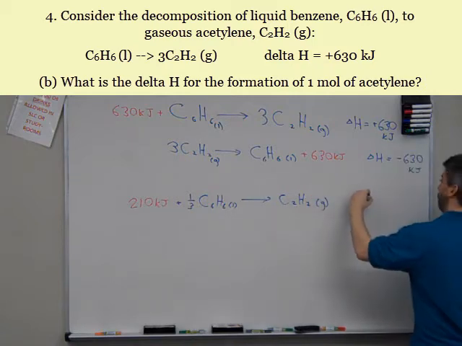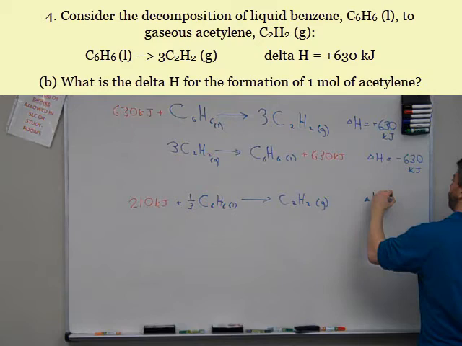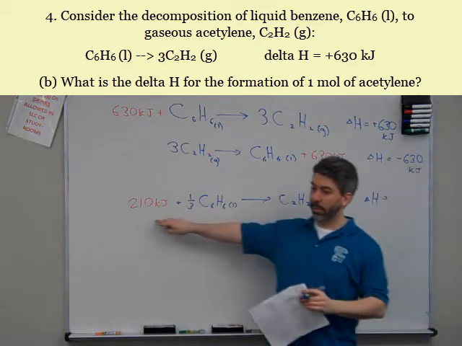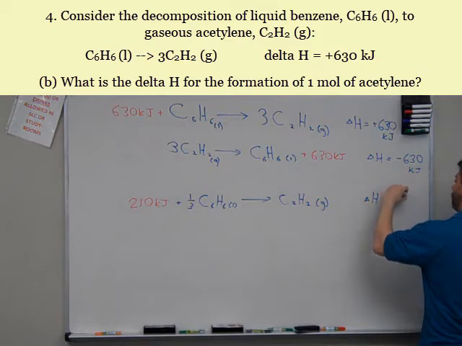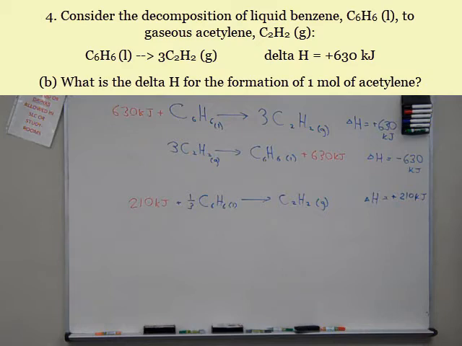And then, of course, the delta H for this, since I had to multiply this by 1/3, and it's still on the reactant side, it's going to be positive 210 kilojoules. Does that make sense? I just have to copy this and I have to make notes.